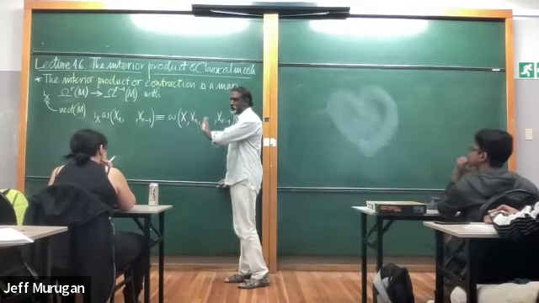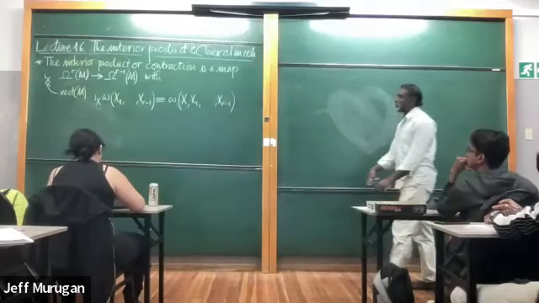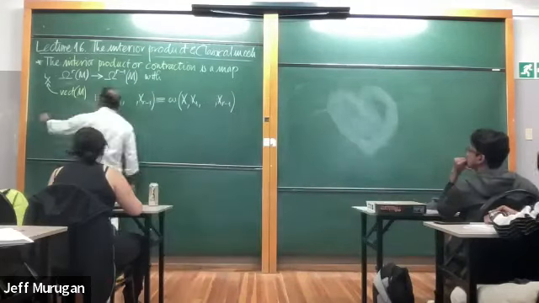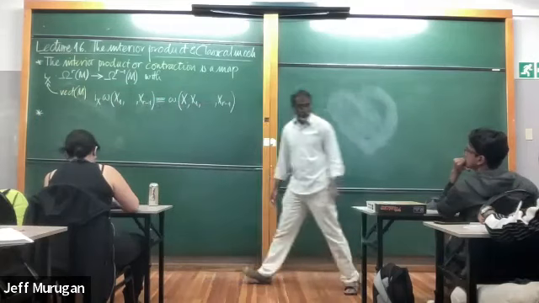So that's the definition of what i_x on omega is doing. This is a coordinate independent definition, what mathematicians would call the geometric definition, but there's also a coordinate dependent definition. So let's write that down as well.